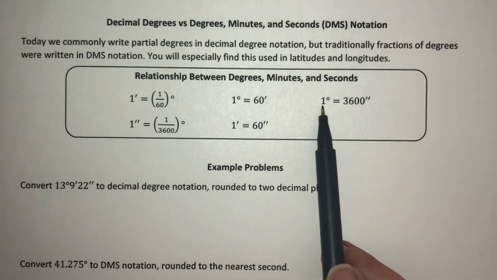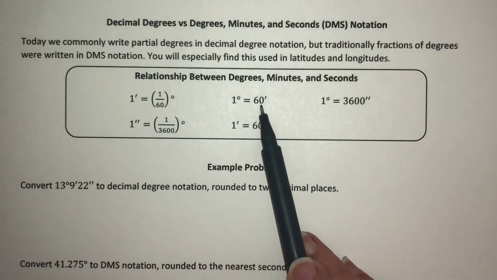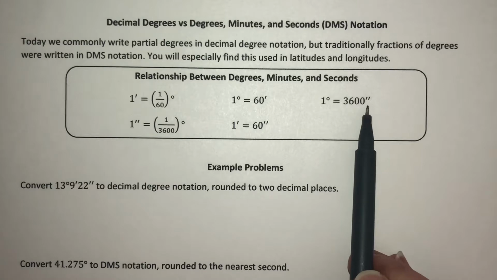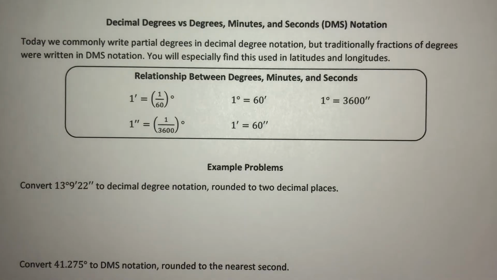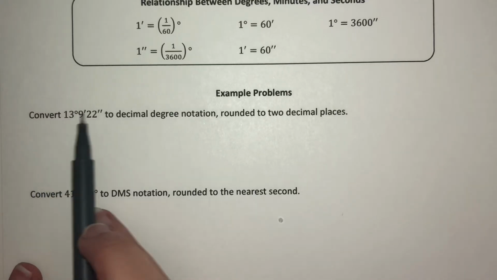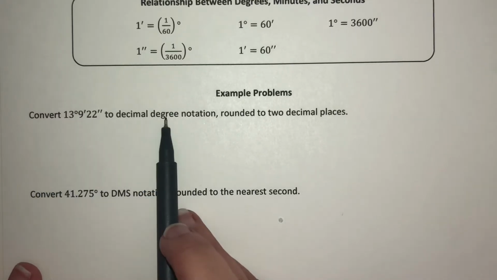So 1 degree has 60 minutes, and then this is broken down into 60 seconds each, which gives you 3,600 seconds.